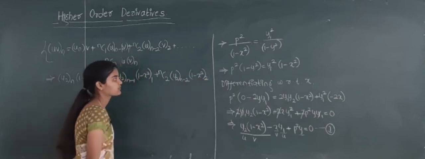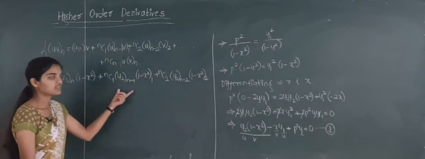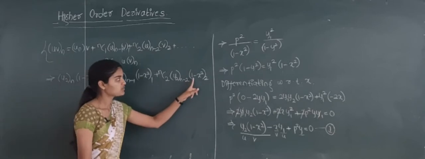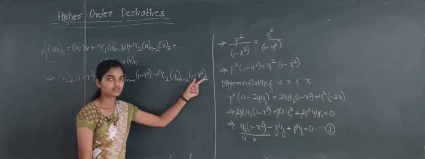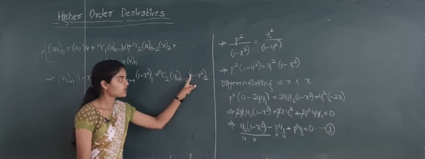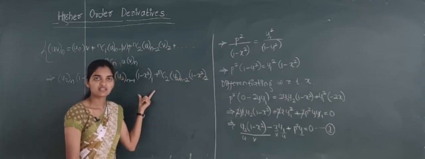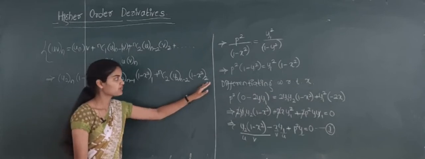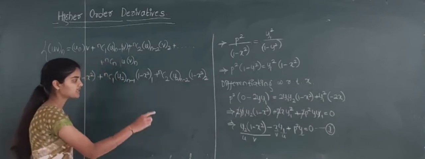Again you will get the next terms, but in the next term we will get the third derivative of 1 minus x square, and as this value becomes 0, I will not write the next terms here. So up to this I will write.